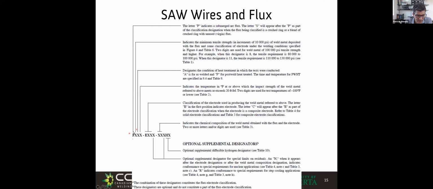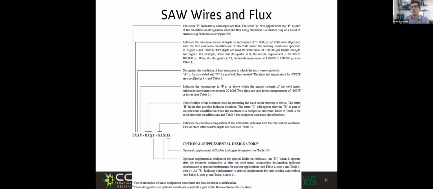All right. After the fluxes, then comes the specification for the electrode, and that starts with an E, right? The E letter specifies the electrode, and then what follows is the designation of the electrode, which I'm going to show you later.